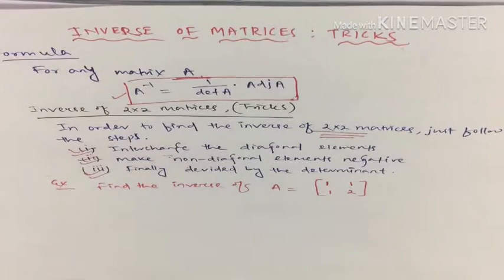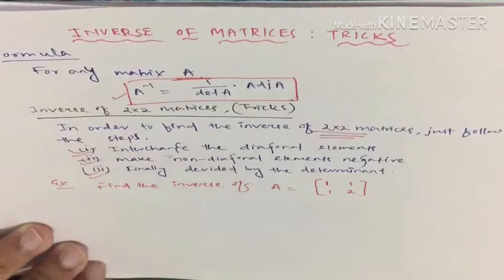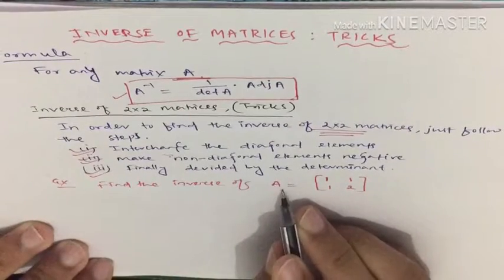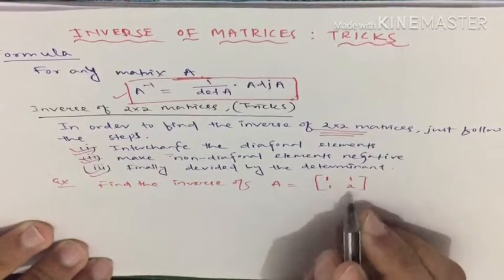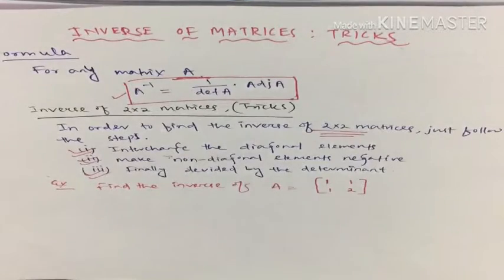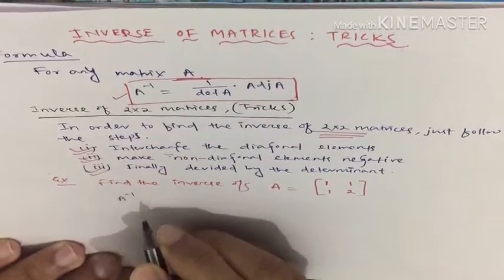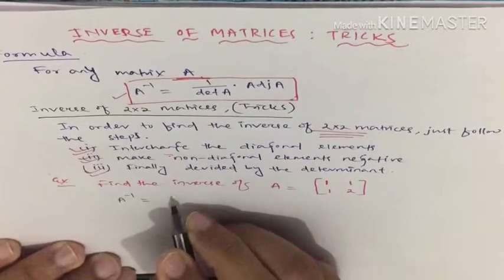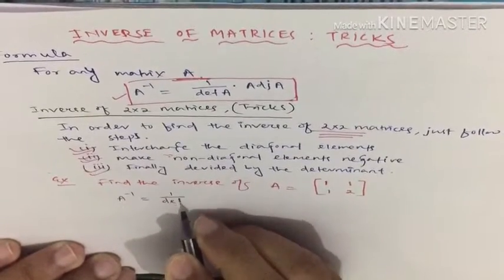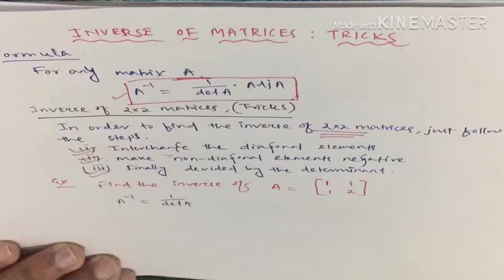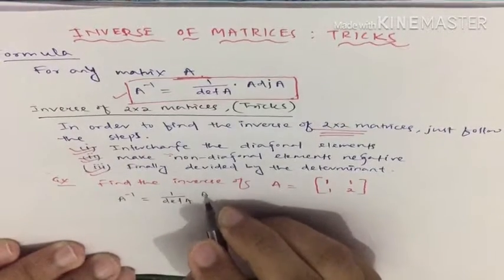Let's do an example to better understand. Given matrix A is equal to 1 1 1 2, and you have to find the inverse of this matrix. So simply A inverse equals 1 by determinant of A into adjoint of A. I'm writing the formula many times because you must remember this formula.